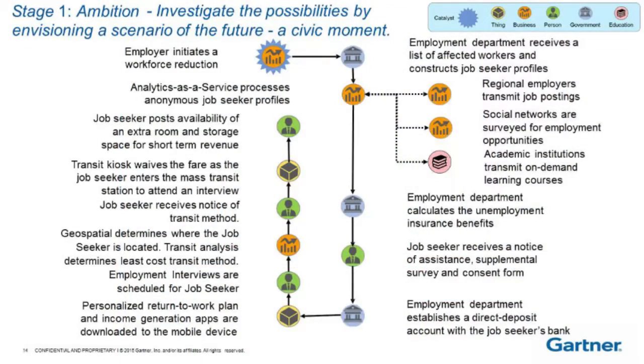So the process pulls out regional job offerings, which require some geospatial, some geographic components about where the person lost their job. In addition, some social networks are surveyed, right? And while you're probably thinking Facebook and Instagram and Twitter, there's other types of social networks, monster.com and LinkedIn and a whole series of them. I'm not endorsing any of them, by the way.